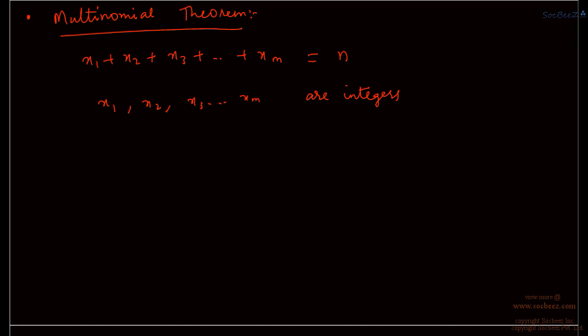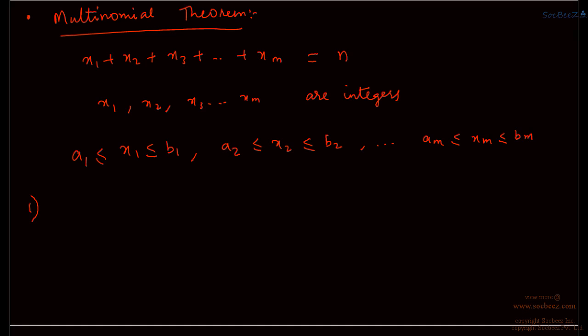Now let there be a specific range for all these values. So let x1 take values only from a1 to b1. We can assume them to be integers, otherwise the equality sign will have to be removed. Similarly, the range for x2 is a2 till b2, all the way till the range for xm as am and bm.